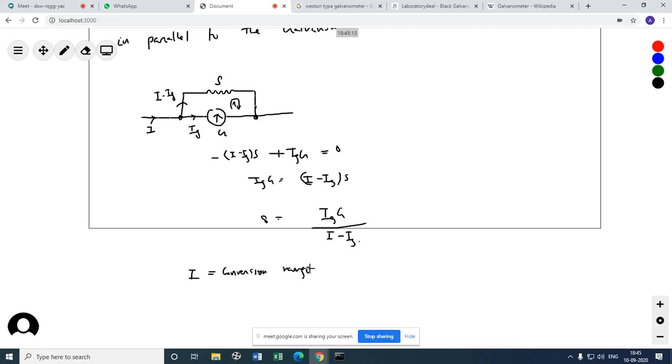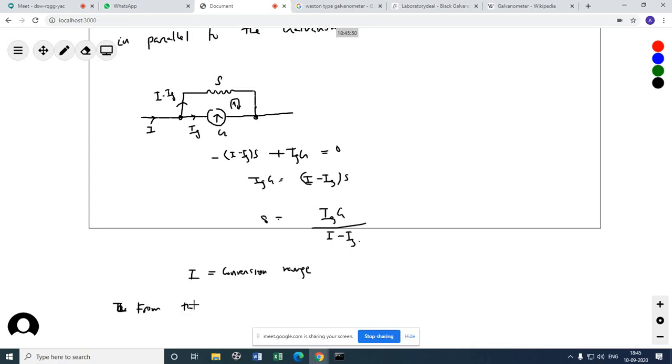If the galvanometer figure of merit is 20 microamp per division and galvanometer resistance is around 100 ohm, find the value of shunt resistance required to convert it into an ammeter of 1.5 amp. So that time I is equal to 1.5.